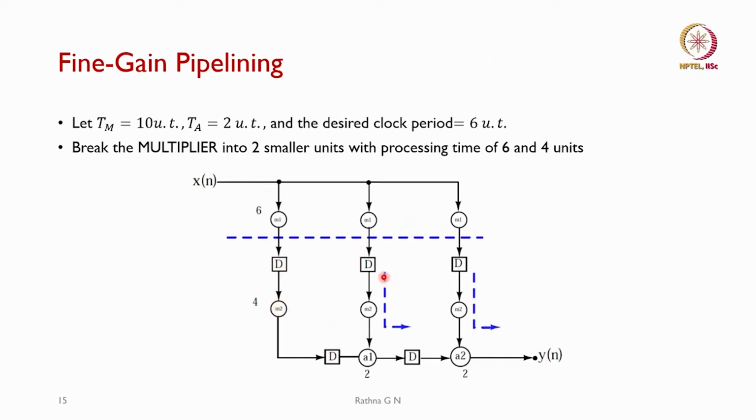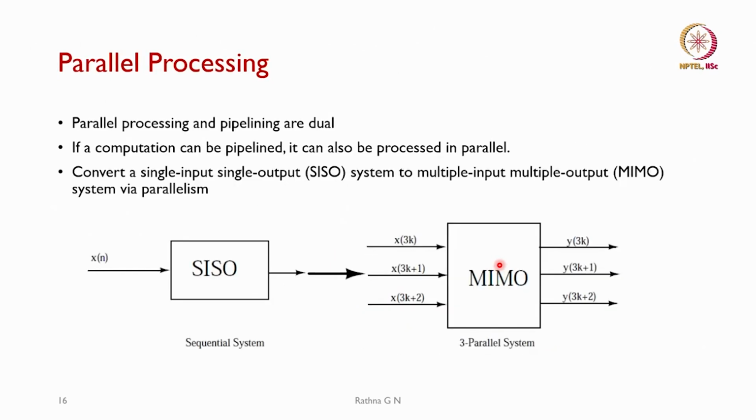What is shown in blue will be my critical paths. From this latch to this latch it has one multiplier and one adder, which will take 6 units of time, and from here to here also. So, this we call fine grain pipelining. The next one we will see is parallel processing and how we are going to work on it.